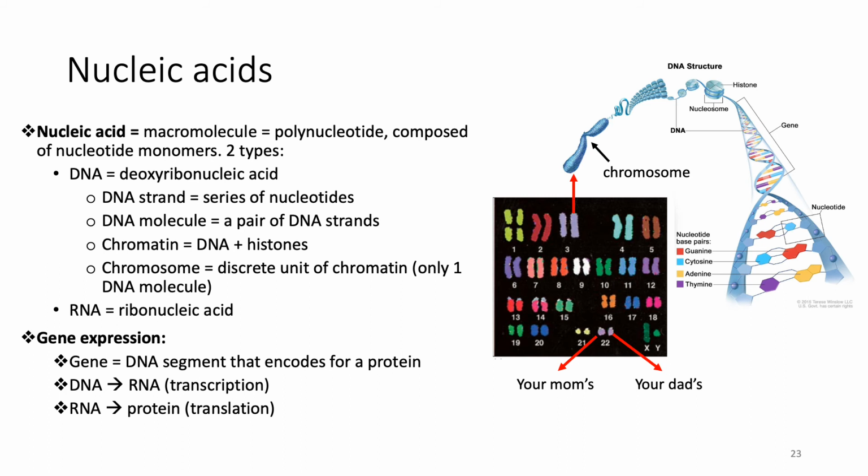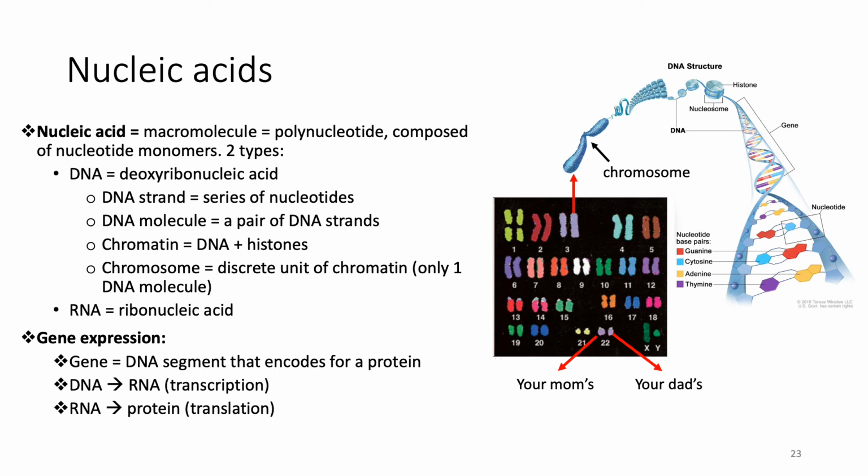When a cell is not dividing, the DNA and its associated proteins called histones are in the form of an unwound mass of DNA material called chromatin. It's kind of like a bowl of spaghetti. Once the cell begins to divide, the chromatin rearranges itself into a more precise and identifiable elongated structure, and multiple structures like this are called chromosomes.